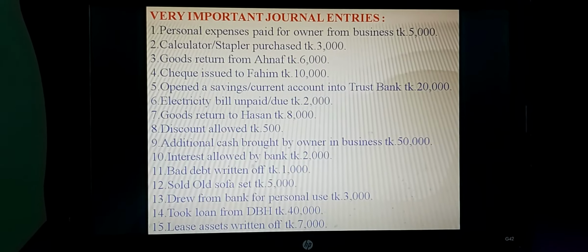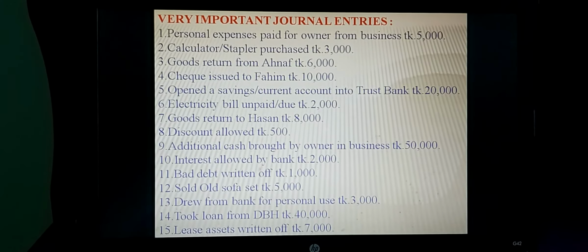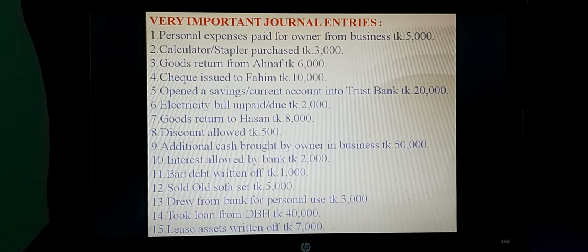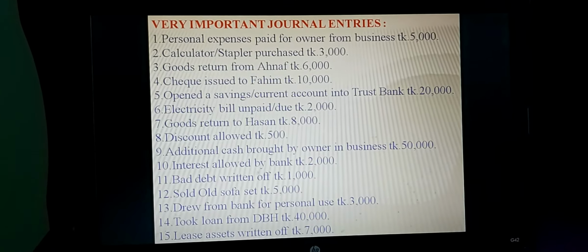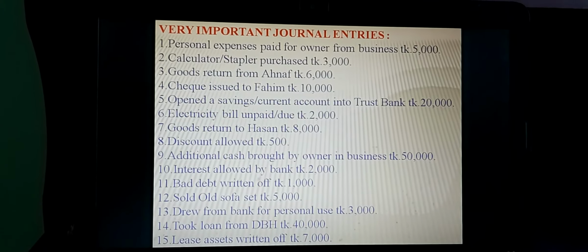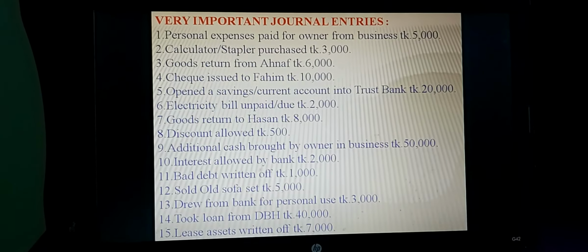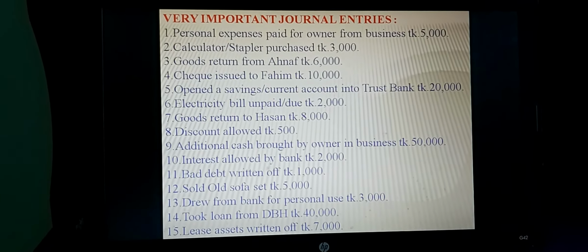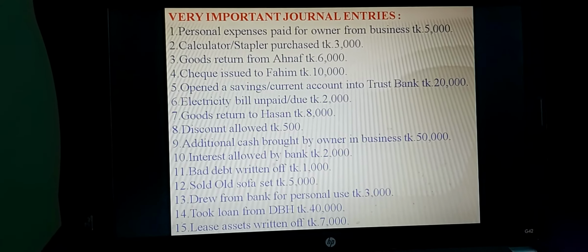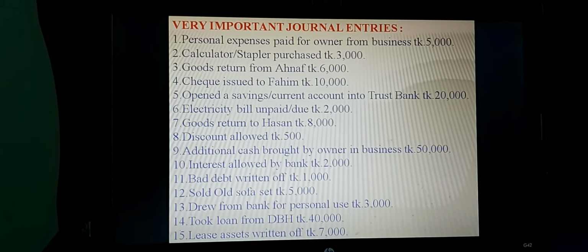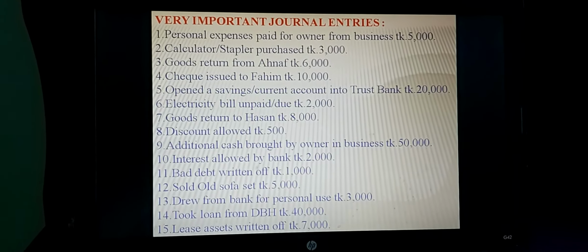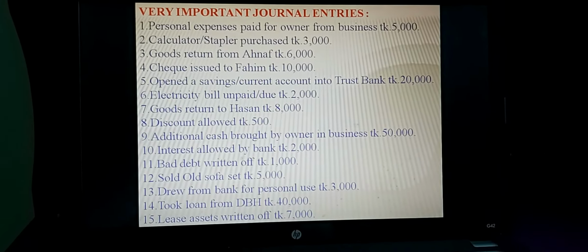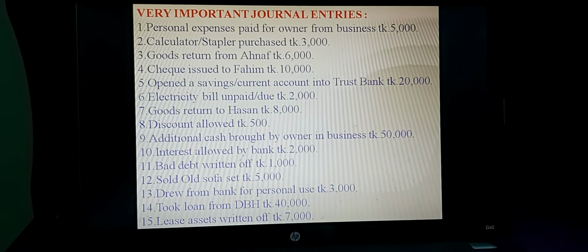Dear learners, this is the last one. 15, lease assets written off. It's like depreciation charged on tangible fixed asset, but lease asset written off is charged on intangible or invisible assets. So written off is one kind of loss, that is expense on which asset?